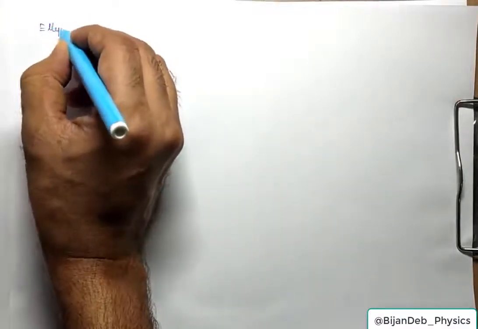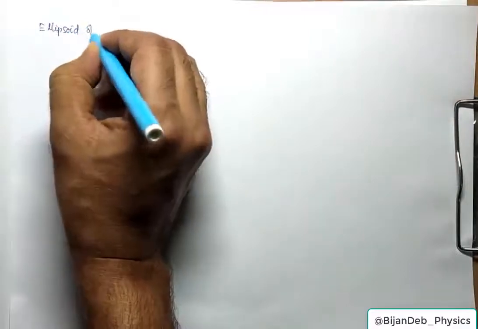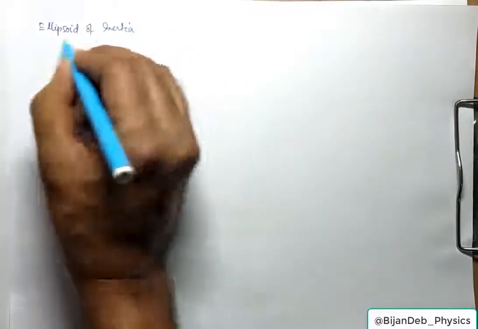Okay, now we move to another important point, that is the ellipsoid of inertia. Inertia here means moment of inertia, and it is some type of geometrical shape. Ellipsoid is some sort of shape.